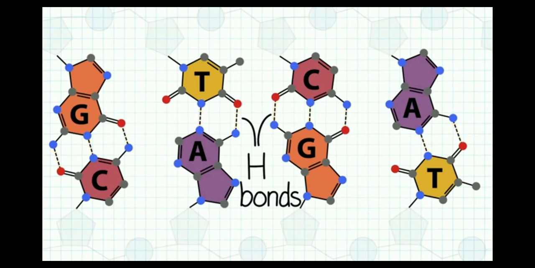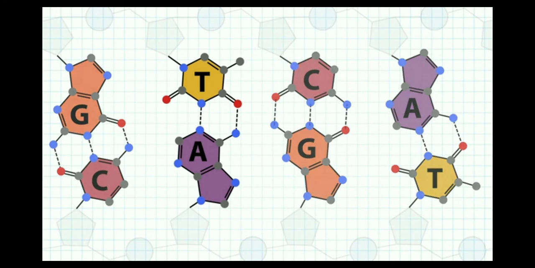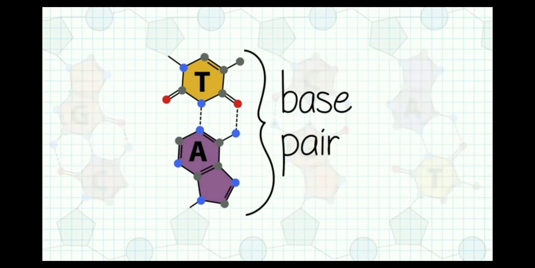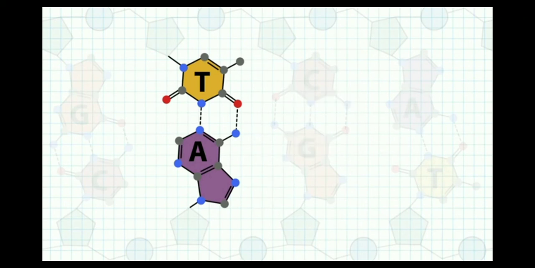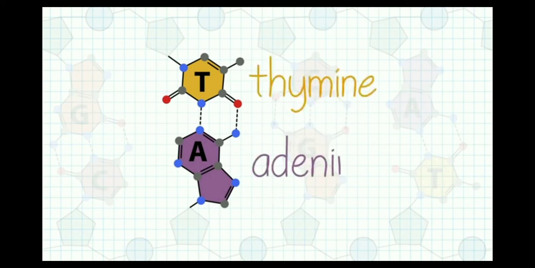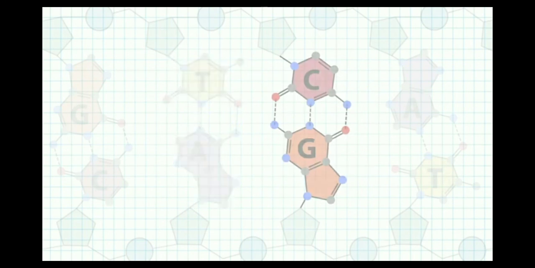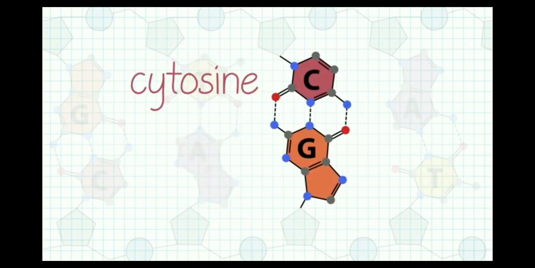That means they have a double ring structure, whereas thymine and cytosine have a single ring like structure. Adenine and thymine will bond together, and guanine and cytosine will bond together with the help of a triple hydrogen bond.